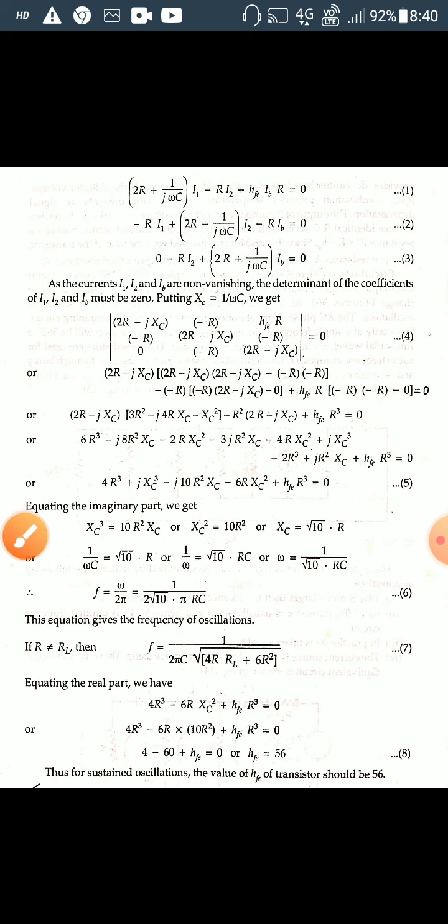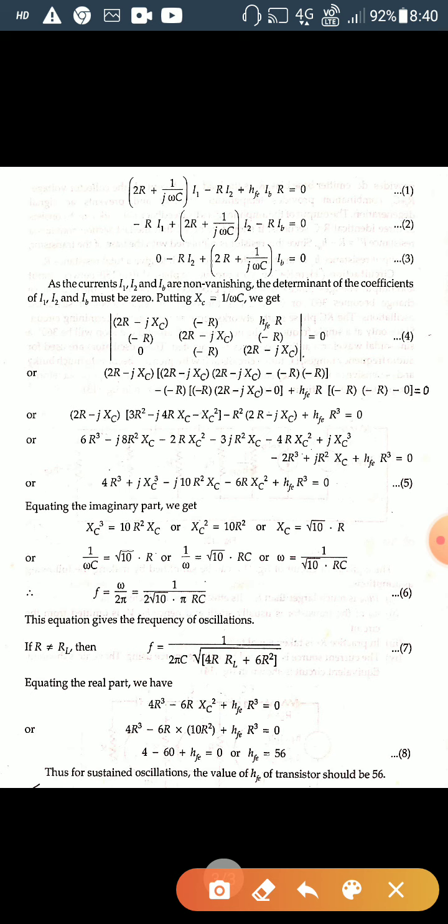For the second equation, the coefficient of I1 is minus R. And I1 is not present in the third equation, so its coefficient there will be 0. The same way you can write down the terms for I2 and IB also.